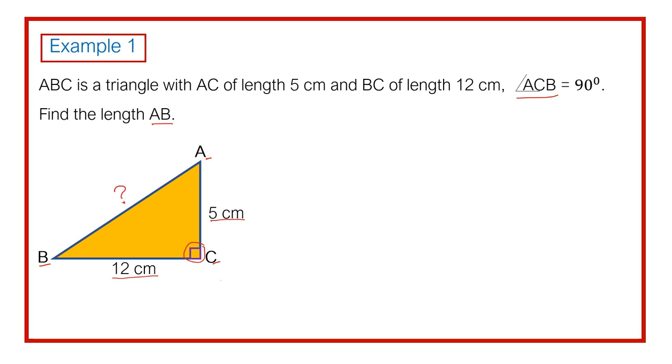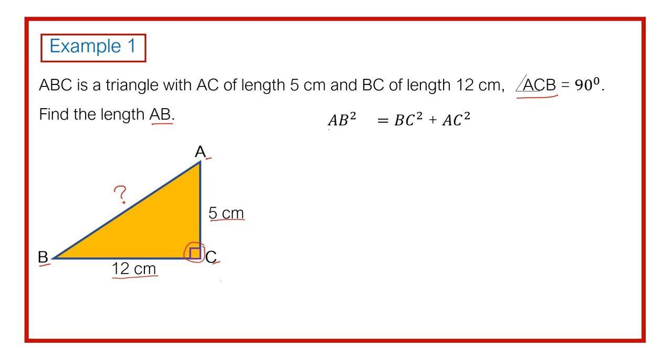Okay? Now, since this is a right triangle, we can use the Pythagoras' theorem. But step 1, we need to know what is the hypotenuse. We know that the hypotenuse is the longest side of a right triangle. Now, for this case, we see that the hypotenuse is AB.